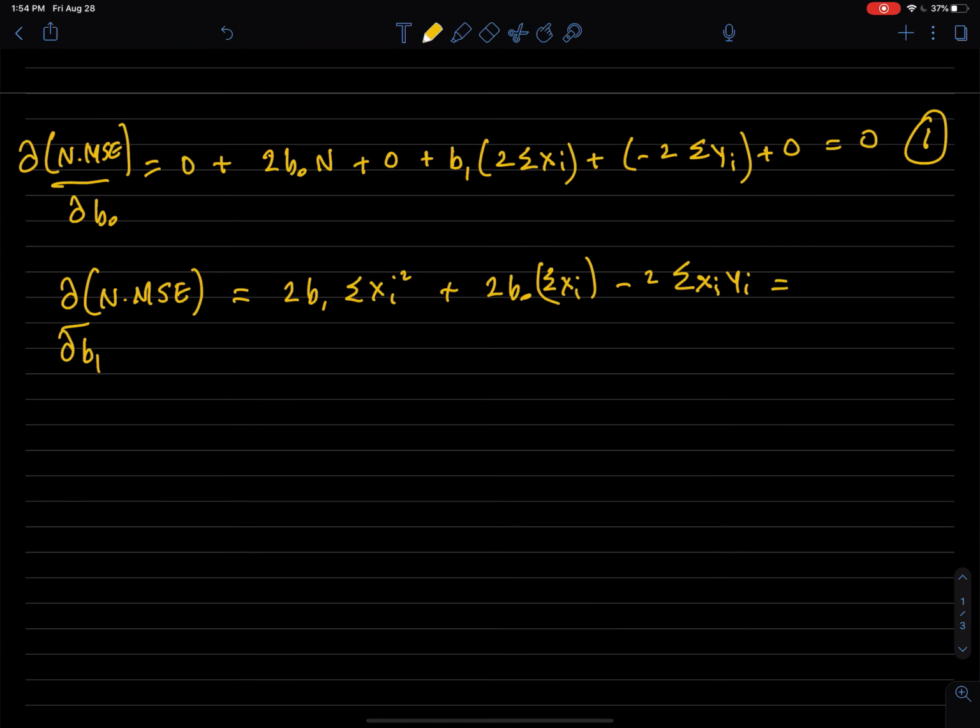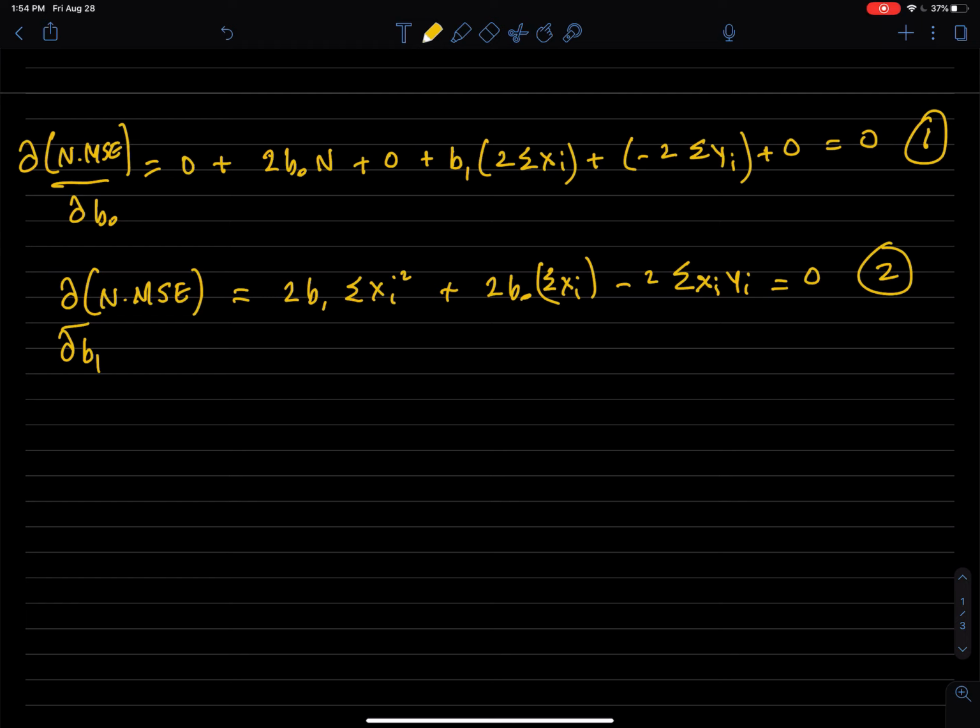Okay, so that's going to be equal to 0 because when we want the optimum of a function, we set the partial derivatives of the function with respect to its various variables to 0 if there are no other constraints.